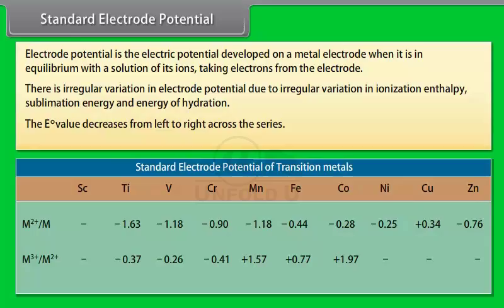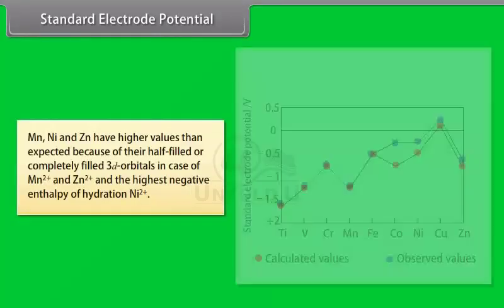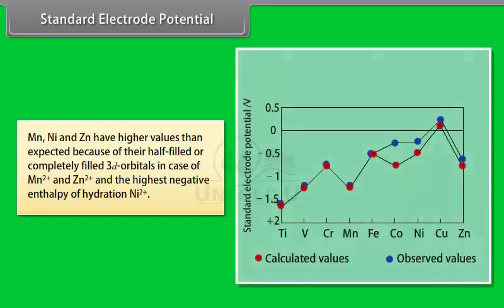The E0 value decreases from left to right across the series. Manganese, nickel, and zinc have higher values than expected because of their half-filled or completely filled 3d orbitals in the case of Mn2+ and Zn2+, and the highest negative enthalpy of hydration in Ni2+.